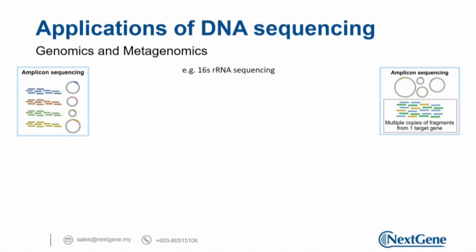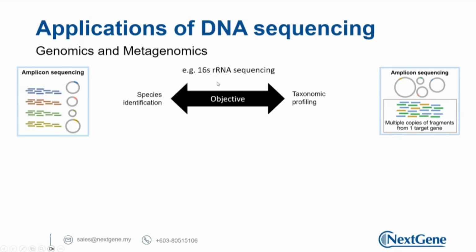These 2 amplicon sequencing applications look the same, perhaps 16S rRNA sequencing for both contexts. But in the metagenomics context, what we want to achieve is taxonomic profiling. So we want to understand which organisms are present in one sample.